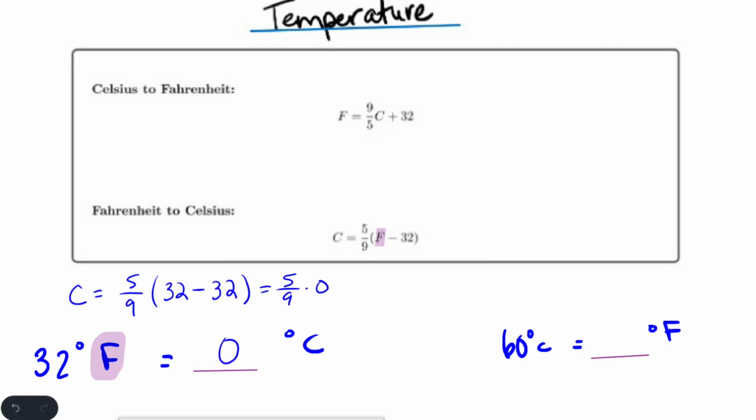In the next example, we start with a degree Celsius and we're asked to find Fahrenheit, so we'll use the first formula. It says take whatever Celsius value you have, for us it will be 60, multiply it by 9/5, then add 32 to that.